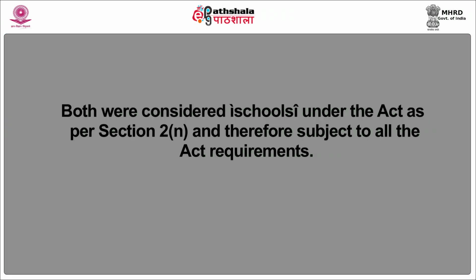The court was asked to determine if Section 12, Clause 1, Subclause C of the Act is ultra vires of the Constitution insofar as it applies to unaided private schools and minority schools. Both were considered schools under the Act as per Section 2, Clause N, and therefore subject to all the Act's requirements.